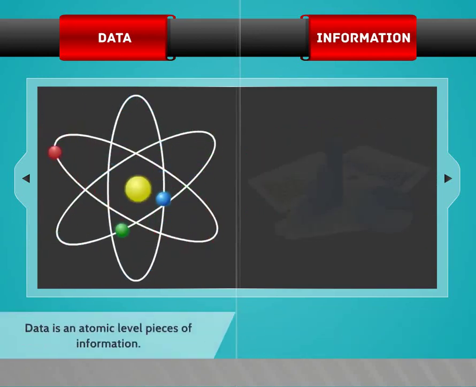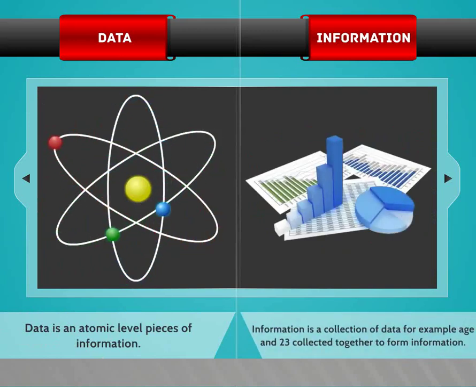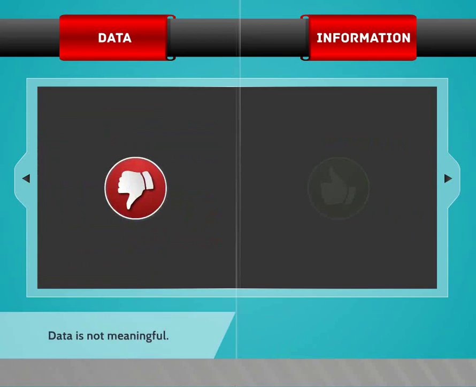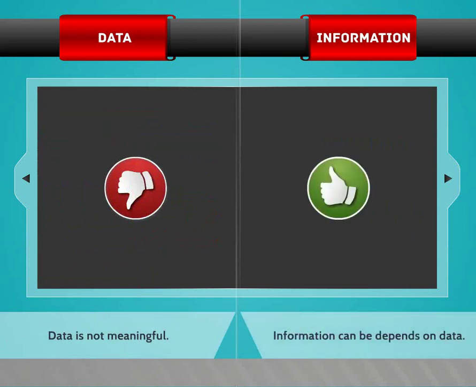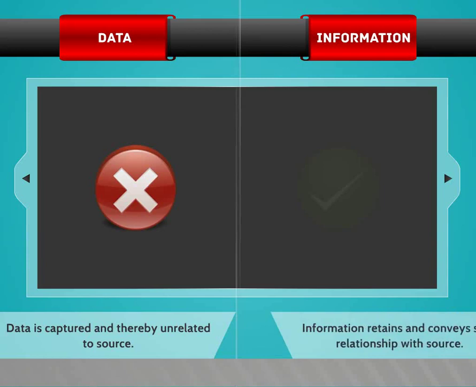Data is an atomic level piece of information. Information is a collection of data. For example, age and 23 collected together form information. Data is not meaningful. Information depends on data. Data is captured and thereby unrelated to source.